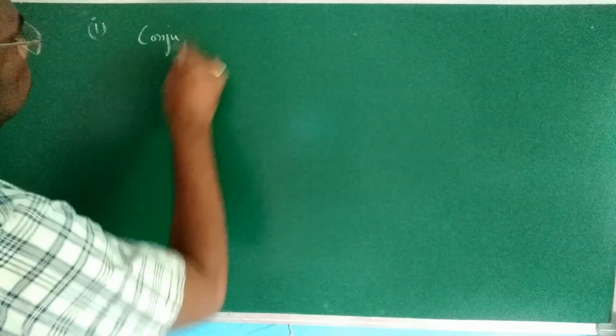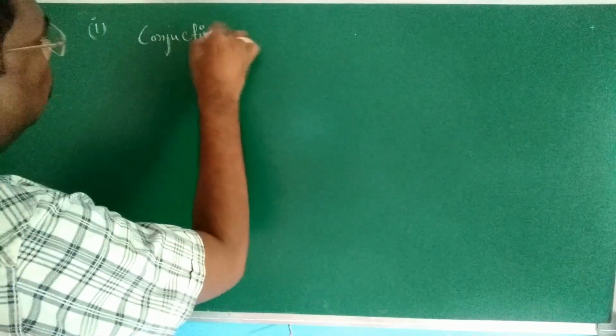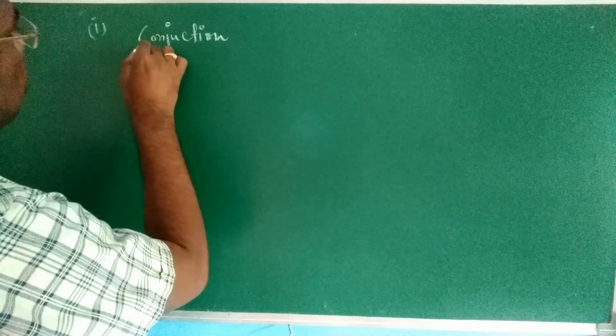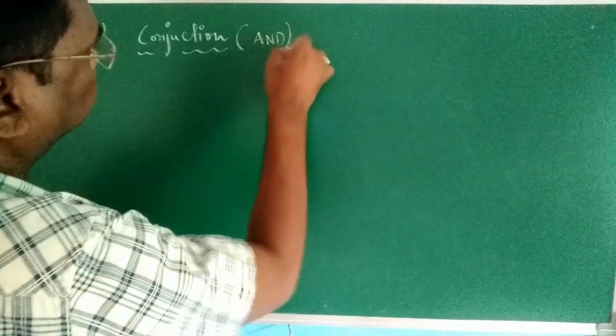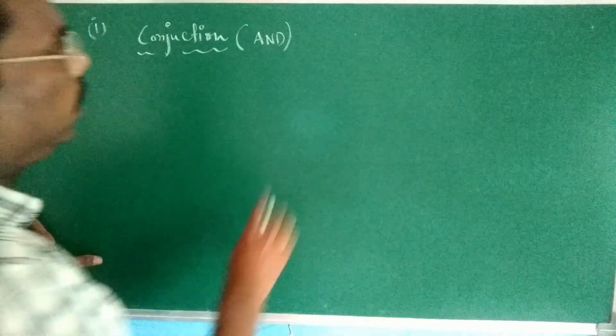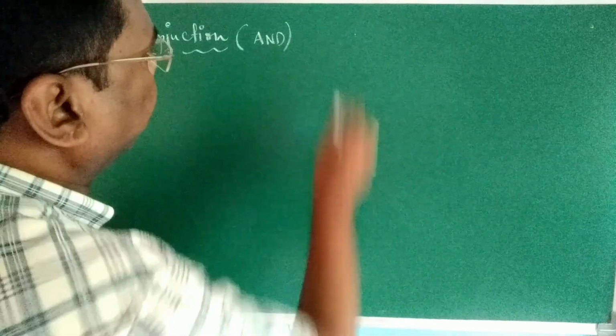Next, the truth table for conjunction. The first connective is conjunction, which is "and". Let P and Q be two statements.